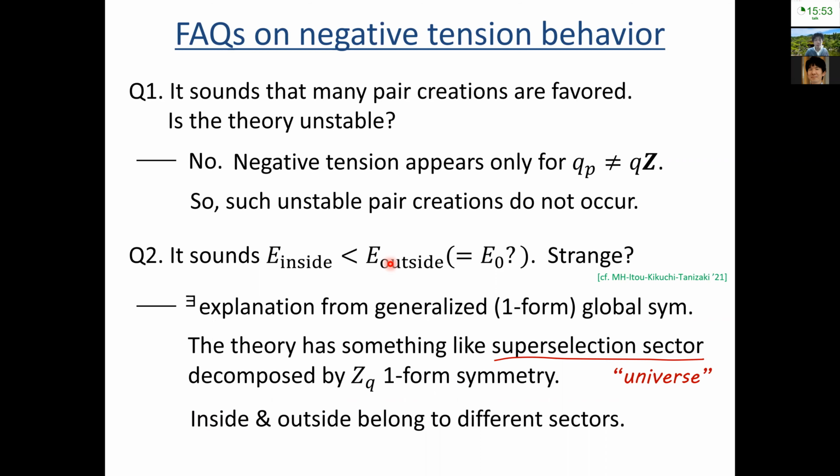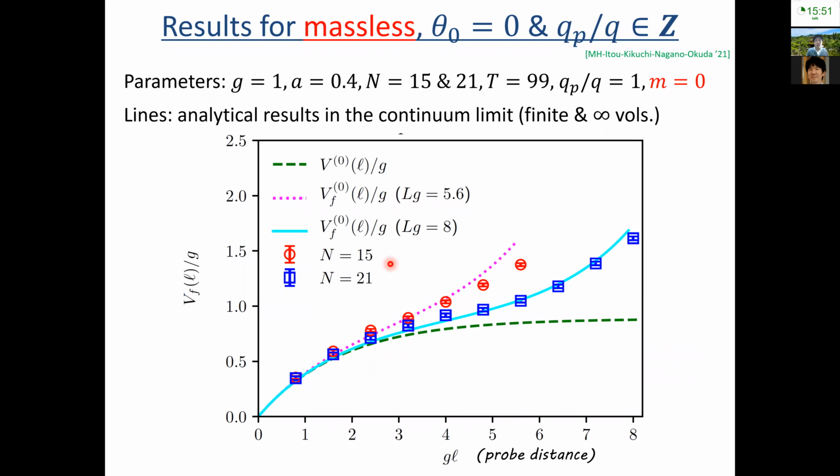Okay, so next let me show some numerical results. This is a result for the massless case with theta equals 0, and Qp is an integer times Q. And we have put the parameters in this way. And this is a plot of the potential as a function of probe distance.